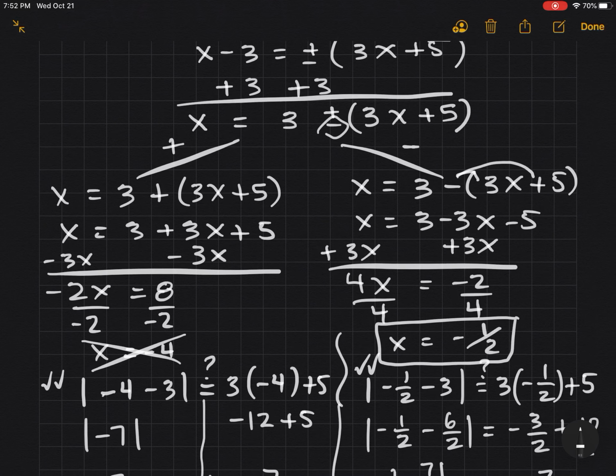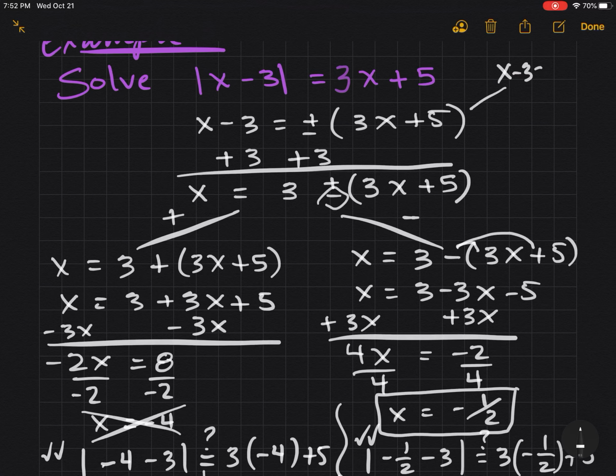You could also split the equations from here and go with x minus 3 equals a positive 3x plus 5. And I could have said x minus 3 equals a negative 3x plus 5. And I could have solved both equations from there before I moved the 3 to the other side. Doesn't matter. It would come out the same as long as you remember to distribute.